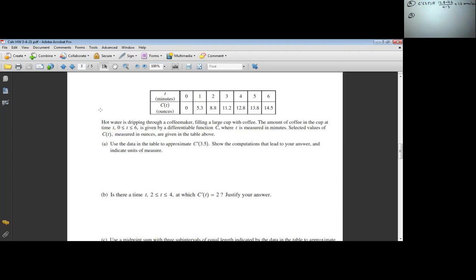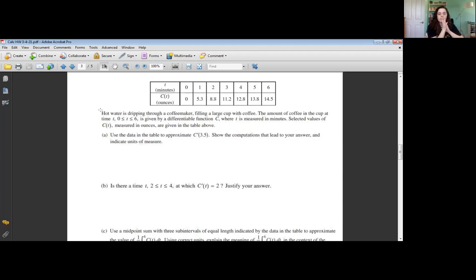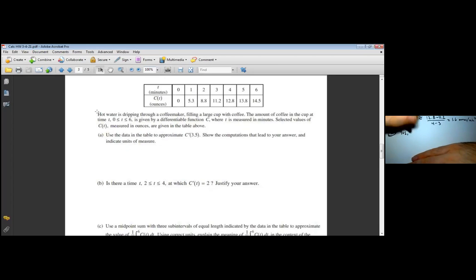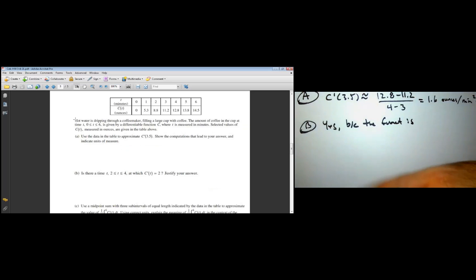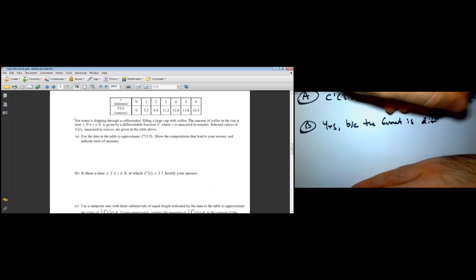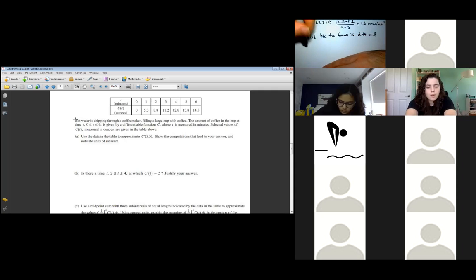Letter B, is there a time where C prime of t is equal to 2, and we're using the interval 2 to 4? This is mean value theorem. Yes, because the function is, what? Differentiable and therefore continuous.